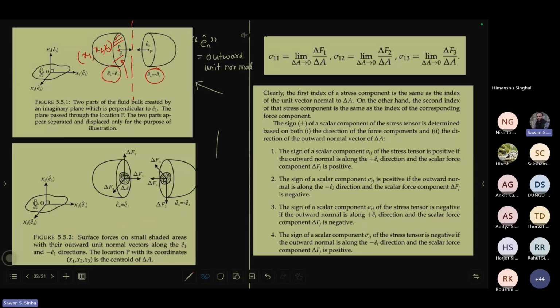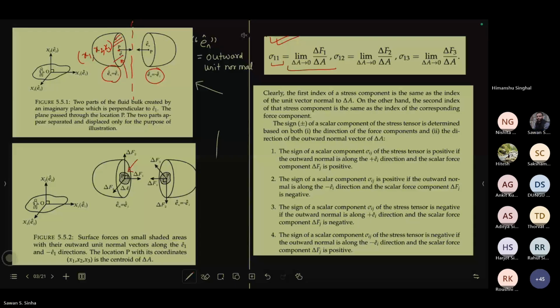Now with these delta F1, delta F2 and delta F3 small force components, this is how some of the components of the stress tensor at point P are defined. Some of them. There are 9 components because it's a second order tensor. 3 of them are defined the way I have written. Pay attention to this. Sigma 1 is limiting value when delta A goes to 0. You make the area as small as possible.